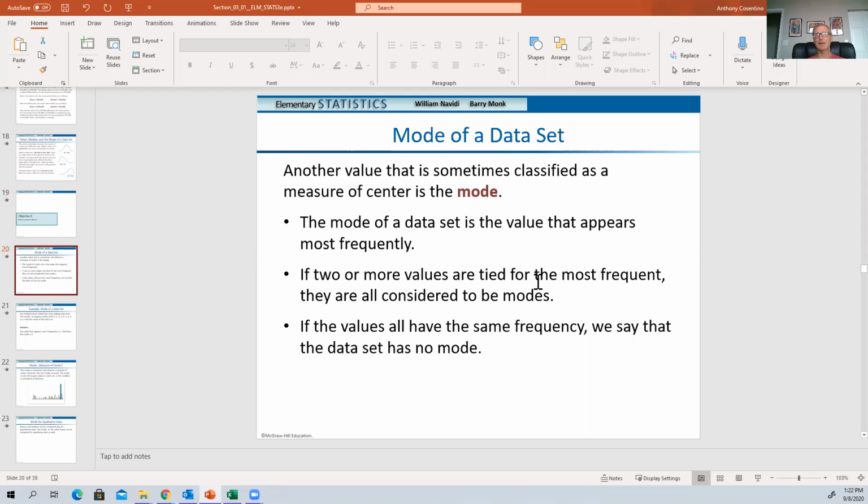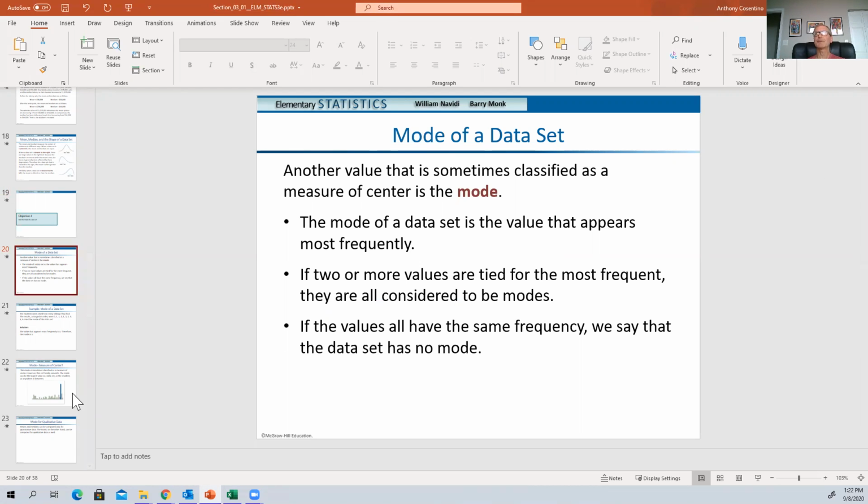And the third thing is that a mode has to imply that the data occurs more than once. So if all the data only occurs once and there's no overlap like that, then we say there is no mode.